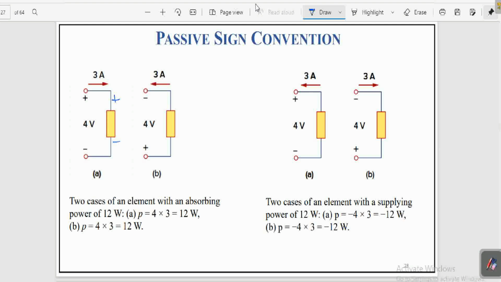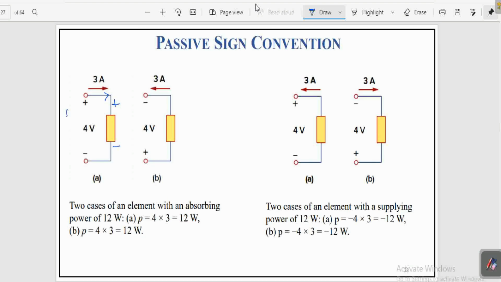Here the current is entering into the positive terminal of your voltage, so this is obeying passive sign convention. The power is equal to voltage into current, so 4 into 3, which is equal to 12 watts.